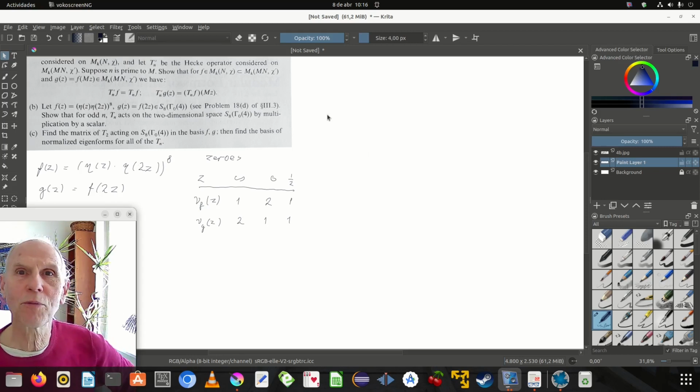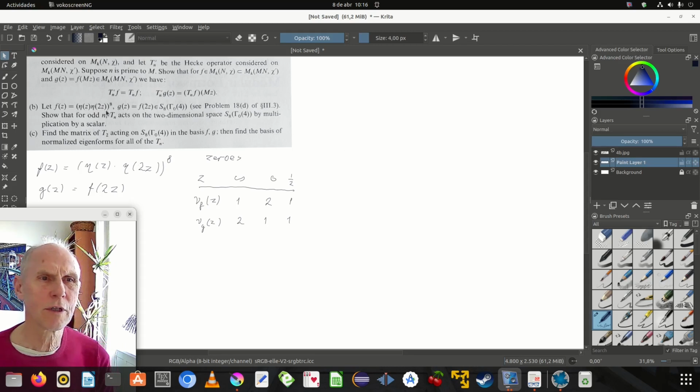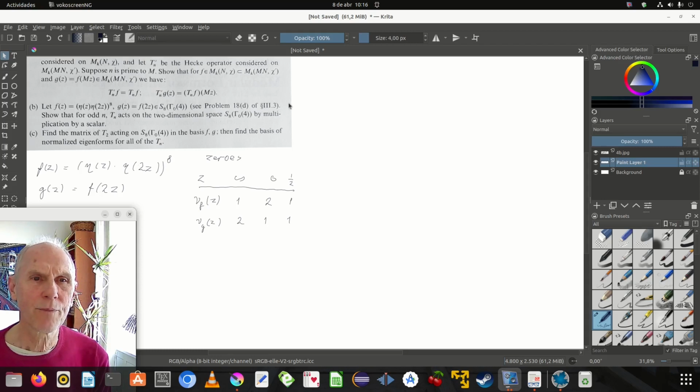Let's get started on problem 4b. These two functions, I didn't really know about them, so I went back to look at problem 18d of section 3, and it was kind of abstract.